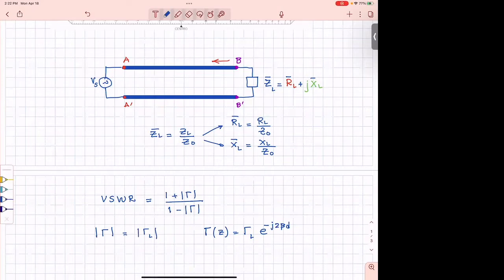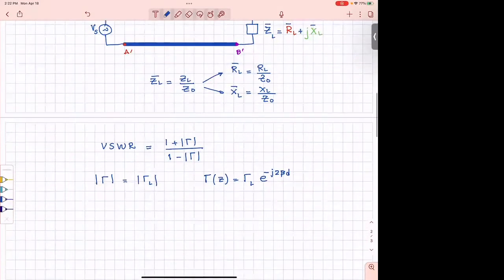Remember that? d is the distance. That's why it is important to have these formulas next to you. All right. So now, since this is true, if I have a given load, then my VSWR on the transmission line, does it change or remain the same everywhere?